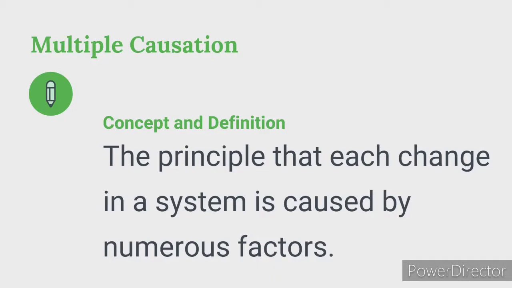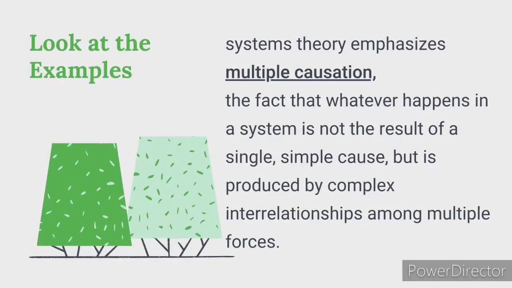Multiple causation, by concept and definition, is the principle that each change in the system is caused by numerous factors. So, system theory emphasizes multiple causation: whatever happens in a system is not the result of a single simple cause, but is produced by complex interrelationships among multiple forces.